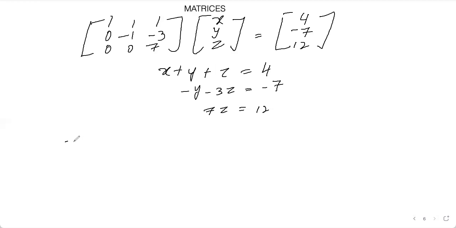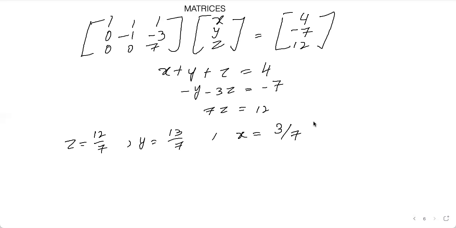So you get z as 12 by 7, and y, when you substitute that, right, you get 13 by 7, and the x value as 4 minus y minus z, which is equal to 3 by 7, right?